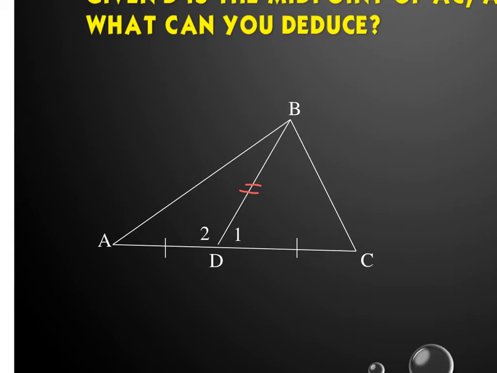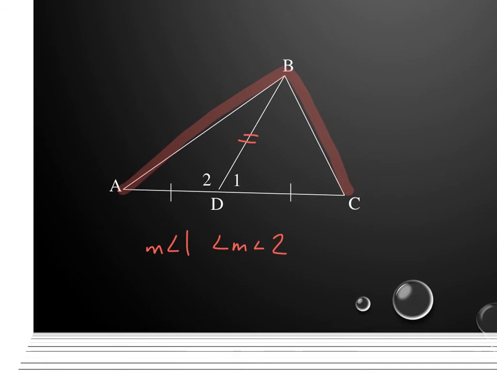So we also know that angle 1 is less than angle 2. So looking at side AB or BC, which one is going to be longer? Raise your hand if you think it's AB is the longer side.